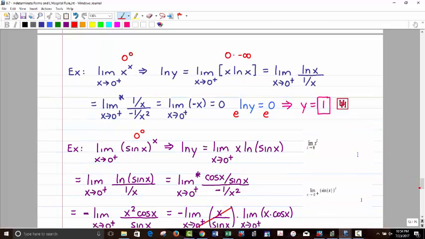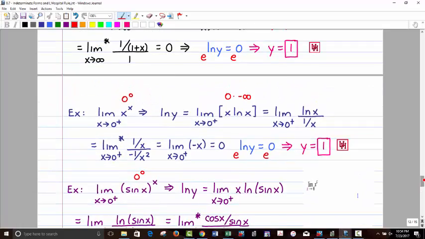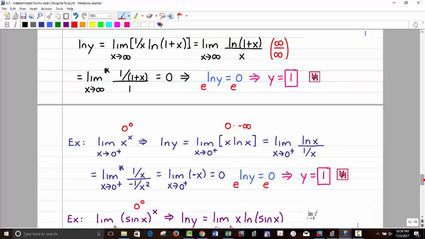So how about x to the x? I'm making sure I'm covering all these terms here. This covers the 0 to the 0. So I'm going to ln both sides. That means I'm going to put the log in front of this. The x comes down, so you have x ln of x. I drop the x down to make it 1 over x.